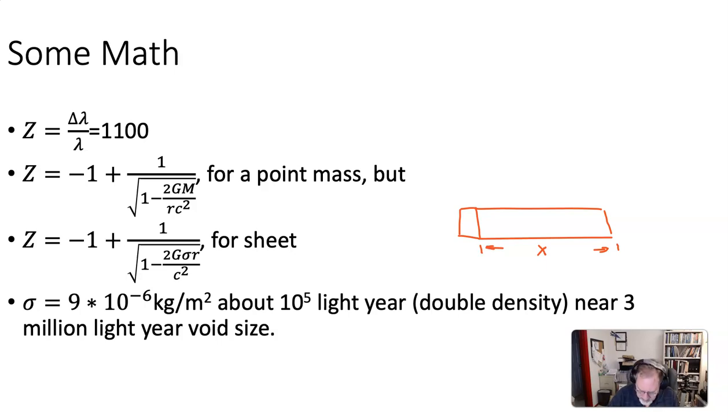Like if we lose half the density, or for instance, we have that the cosmic microwave background radiation is at 4.2 times 10 to the negative 14 joules per meter cubed.